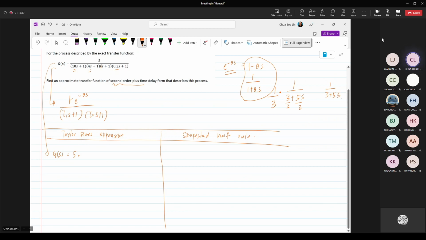So you'll be having 1 over 3 multiplied with 1 plus 5 over 3 s. I do not give you something challenging, but I did discuss in the tutorial, what if this is the one given? If 1 over 3 plus 5s, then what you need to do is do this one and finally get this one.